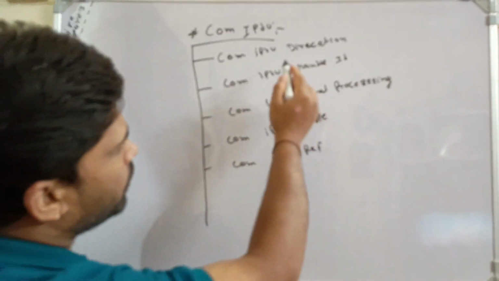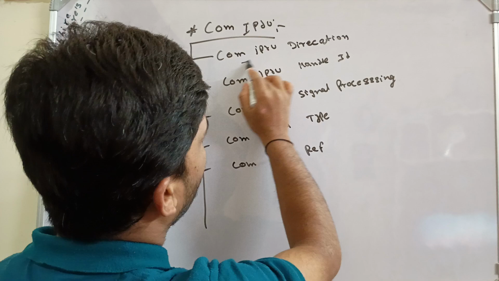So first we see the first parameter, COM IPDU direction.